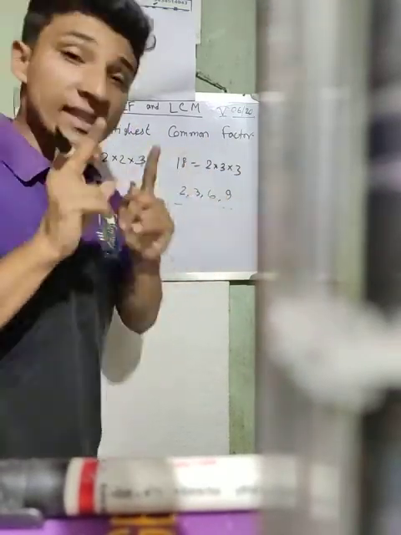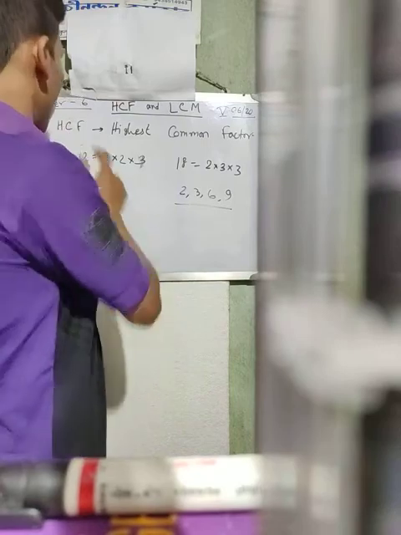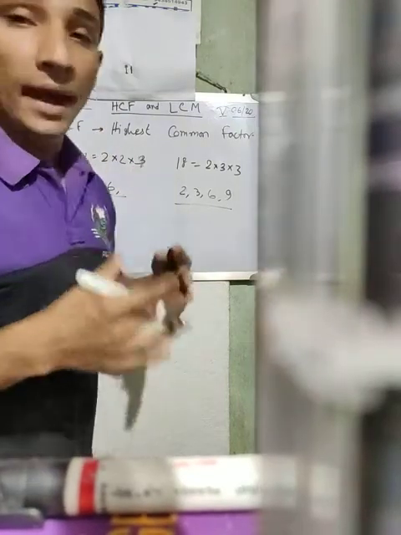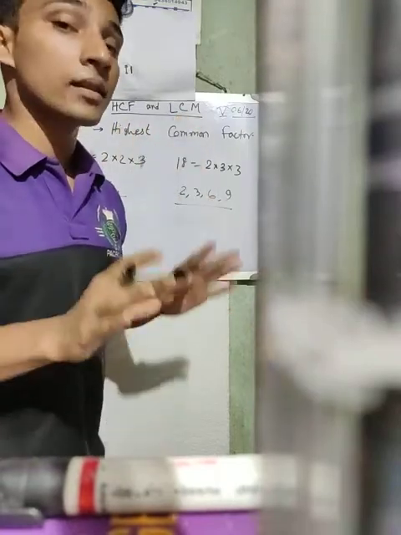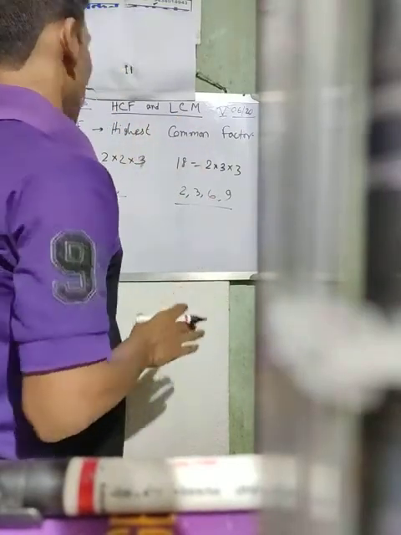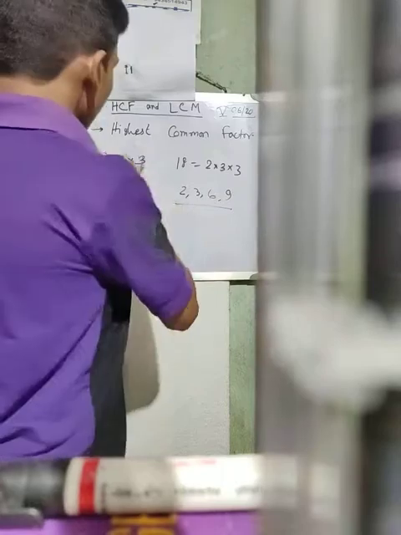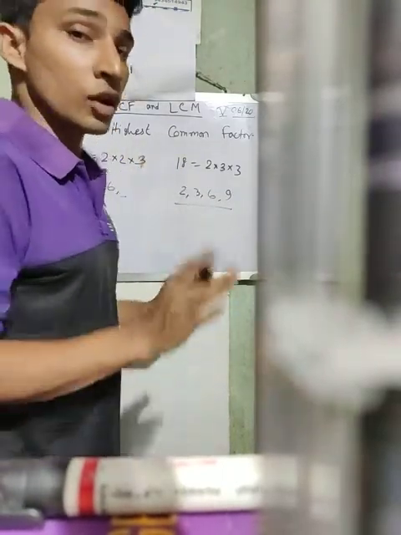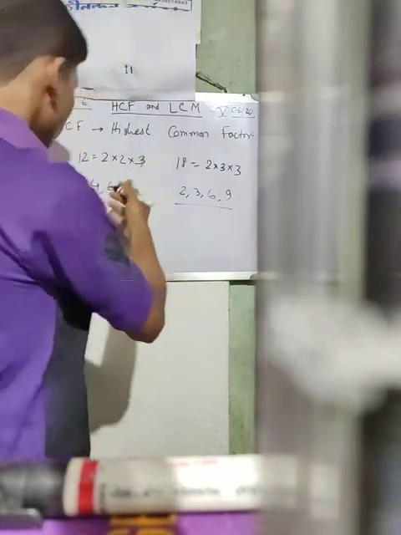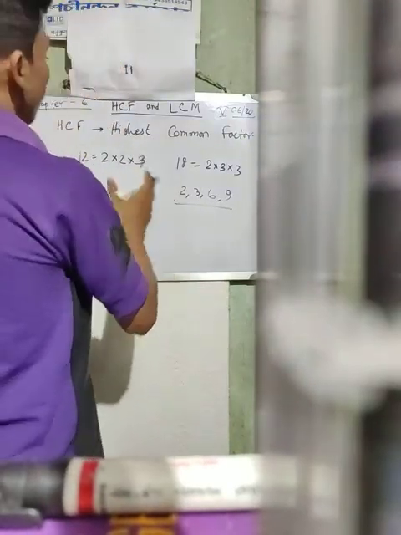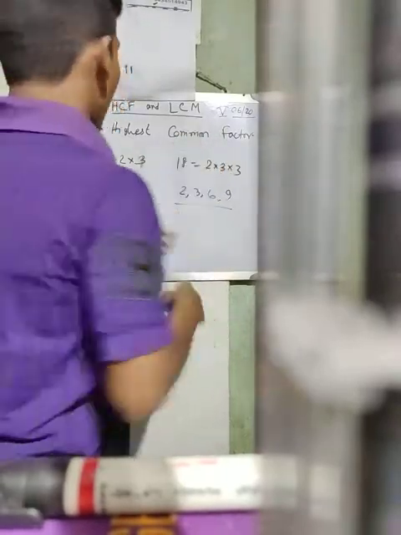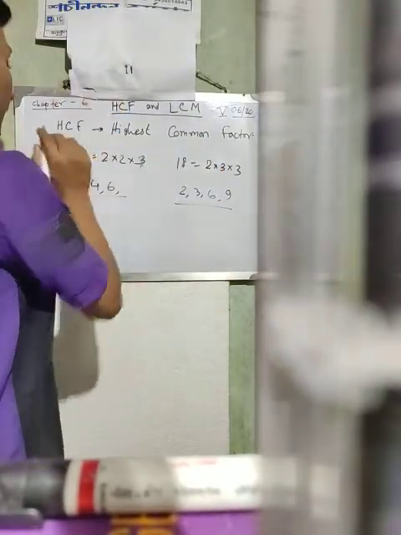That means that number which can divide both the numbers is common. जो common means जो सबको डिवाइड कर सकते हैं उसी को कॉमन कहते हैं. Common means that factor which can divide both the numbers is called a common factor. So what are the common factors?